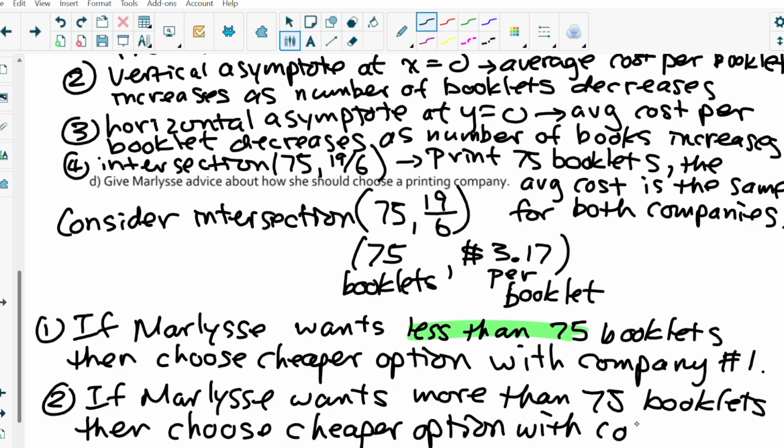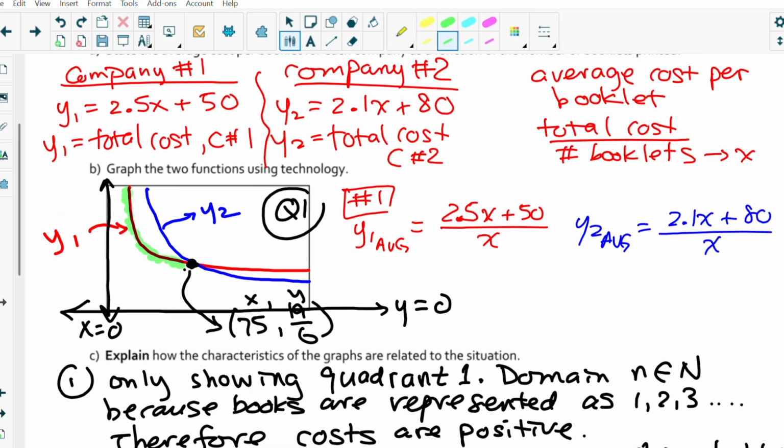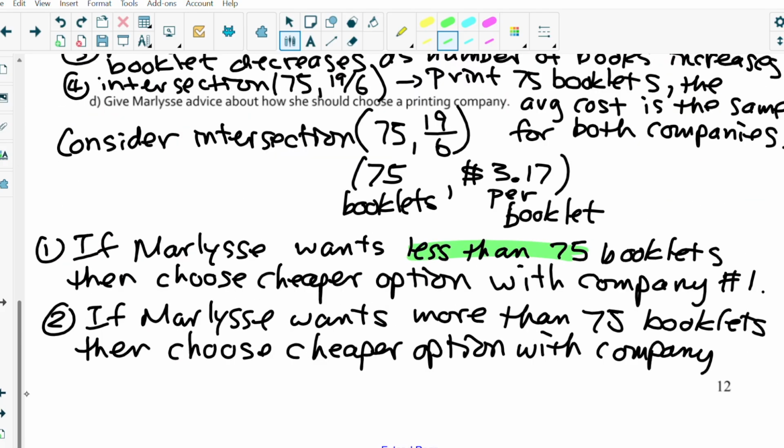Let's take a look, in green highlighter again. At the breaking point, what's the cheaper option? It is the blue line this time, so the cost is cheaper. So greater than 75 booklets produced, you want company 2. Choose company number 2. That's it.